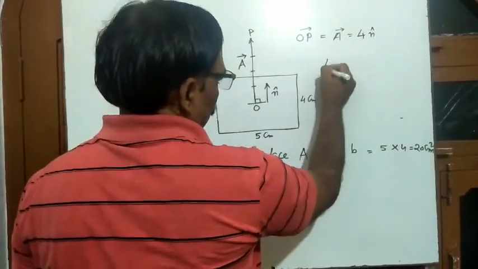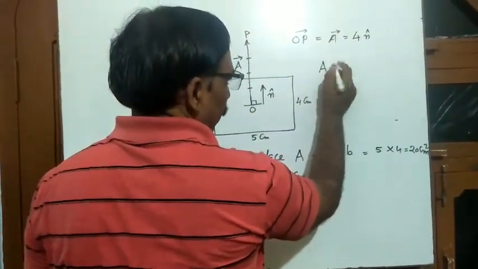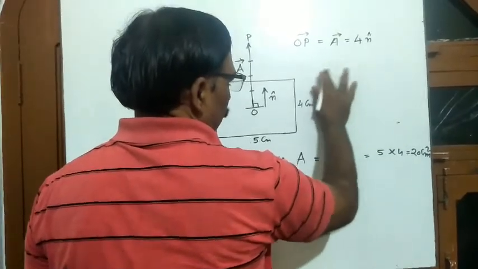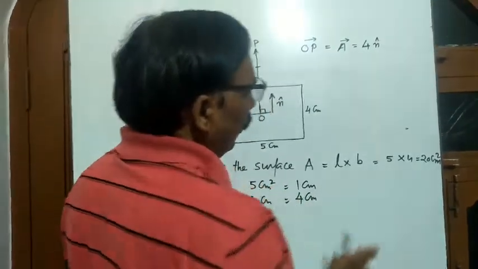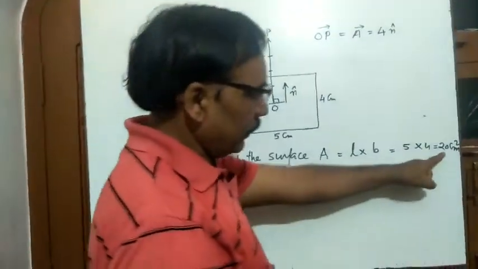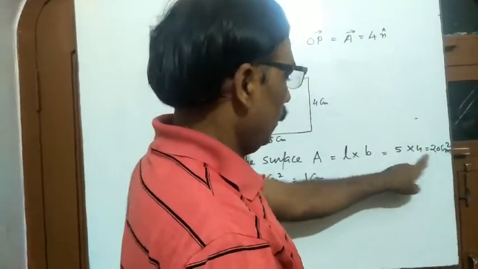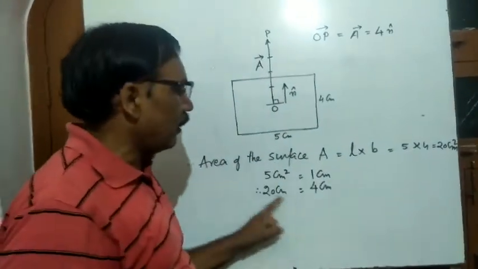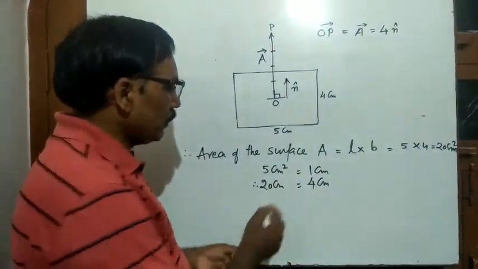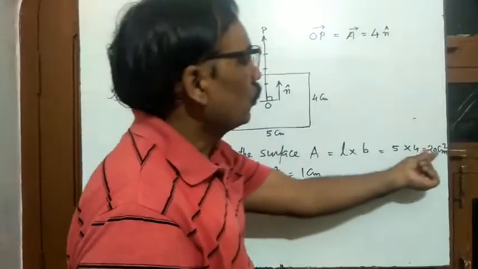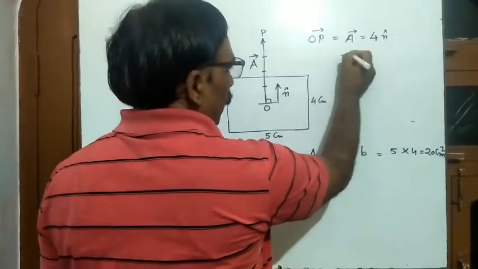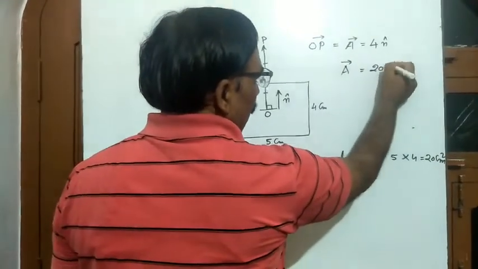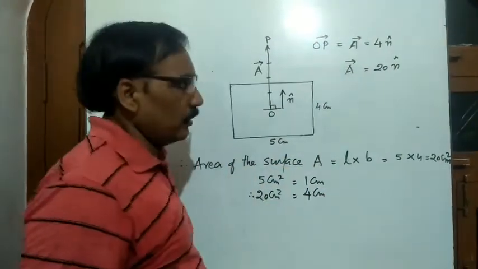Similarly, sometimes if you do not take the scale, then you can write directly 20 centimeter square. If you do not take this scale, what will you write? You will write 20 centimeter square. So in that case, you will write this vector A is equal to 20 n cap units.